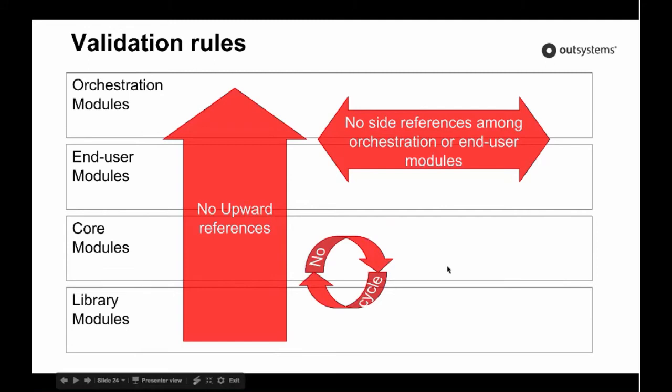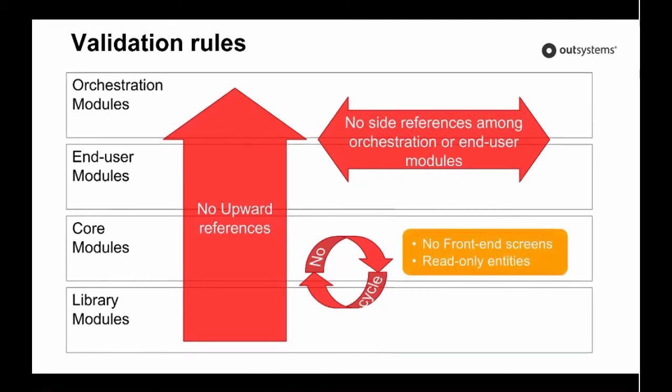And one upward reference typically creates tens of indirect cycles. While if you have just two core modules in a cycle, like core module A references core module B and core module B references core module A back, it's only two modules that are involved. So that's why upward references are much more dangerous, because they tend to create a lot of cycles, okay? Okay, so these are basically the rules.